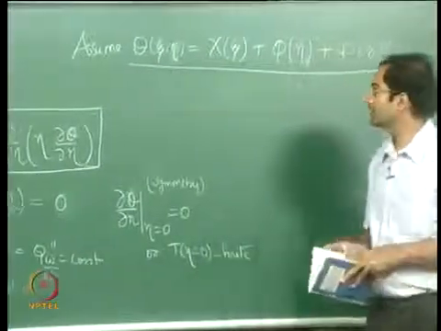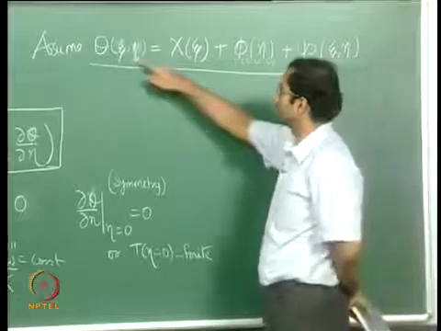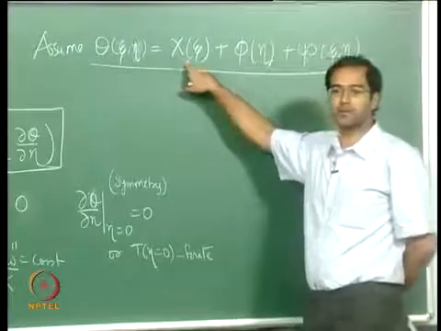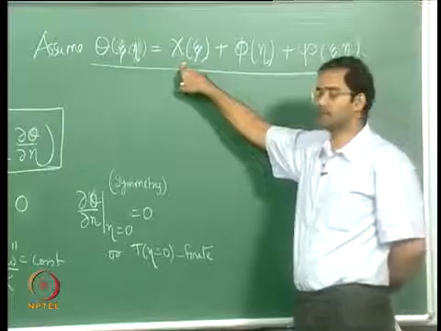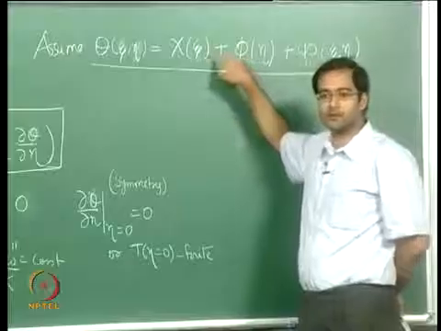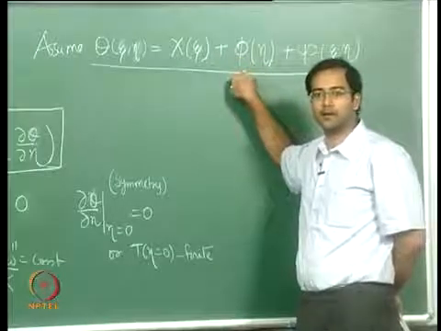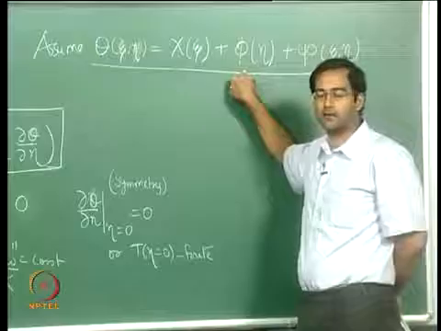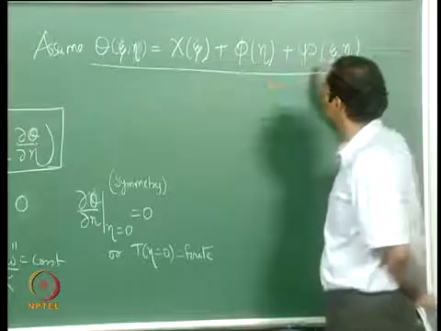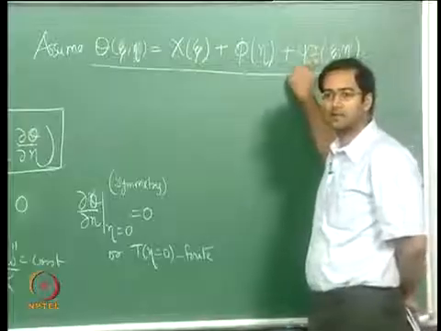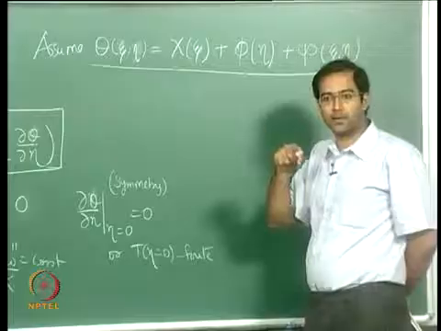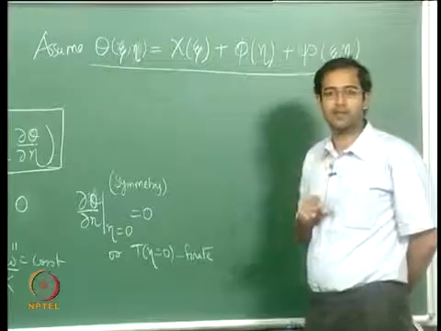So you are assuming that your actual solution consists of a summation of two independent solutions, one which is only a function of zeta, the other only a function of eta, and of course this is just an assumption. On top of it, the actual solution can be obtained if you add a perturbation to this, which you call xi, and the perturbation has to be a function of eta and zeta. So that brings out the interaction between the eta and zeta terms.